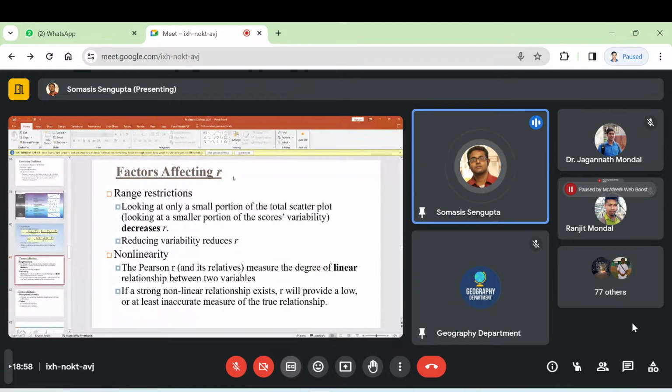For example, if I see the relationship between soil pH and crop productivity, as we all know the pH of a neutral soil is 7. And when the soil is neutral, the crop productivity is extremely high. So when the pH increases from 7 to 8, 9, 10, whatever, the soil becomes alkaline and the productivity decreases.